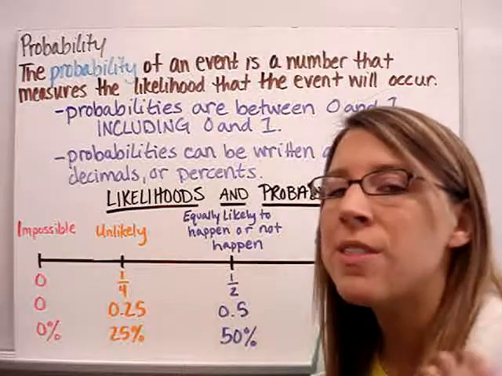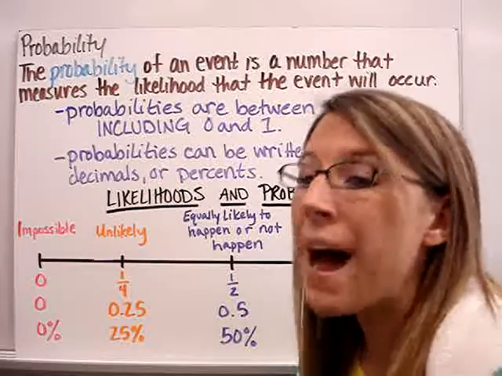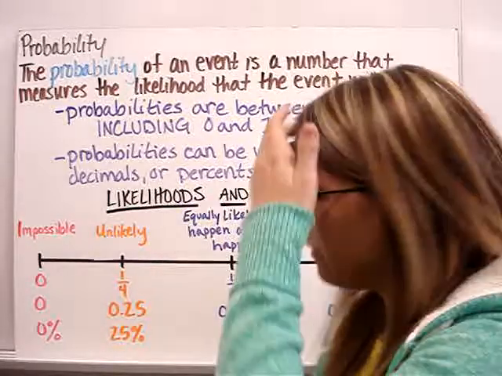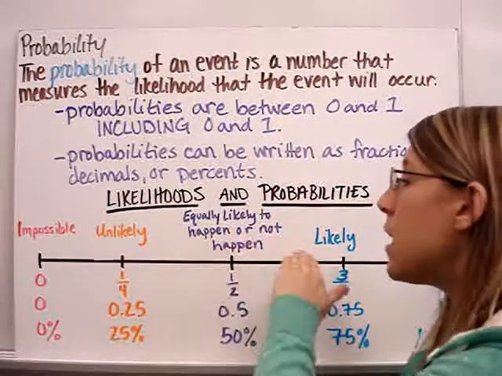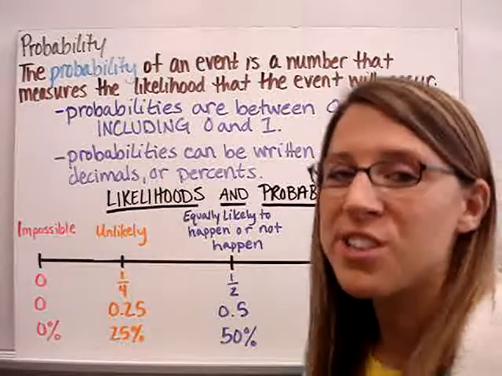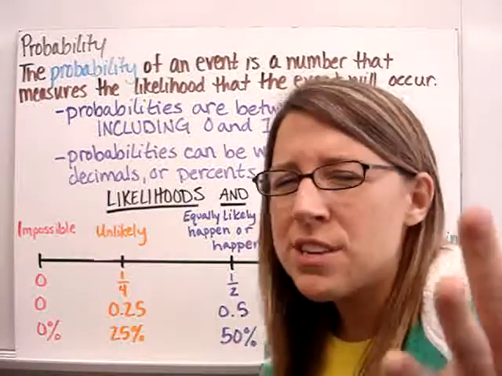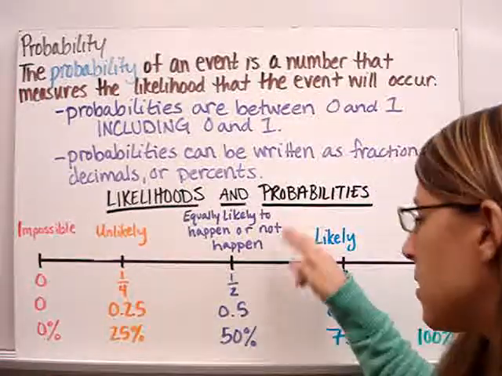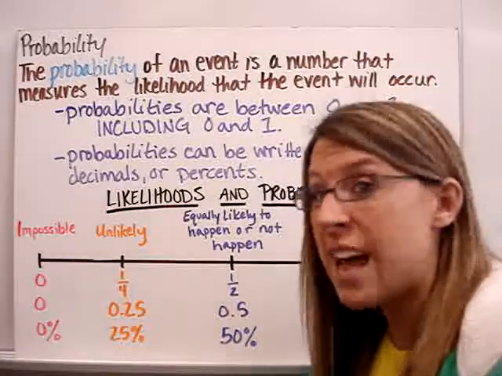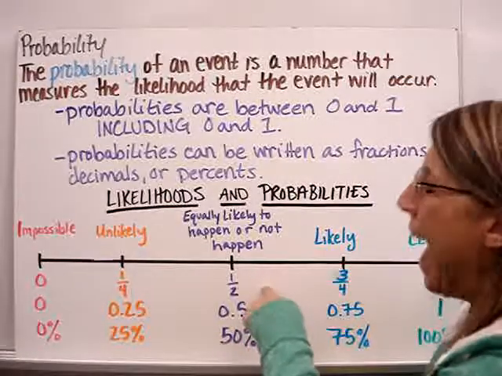Unlikely is another way that we can articulate how possible, how likely something is to happen. We can have something that is equally likely to happen or not happen, meaning there's a 50-50 chance, which is interesting that we can say it that way because we also measure that using 50%, and it's also 1/2.